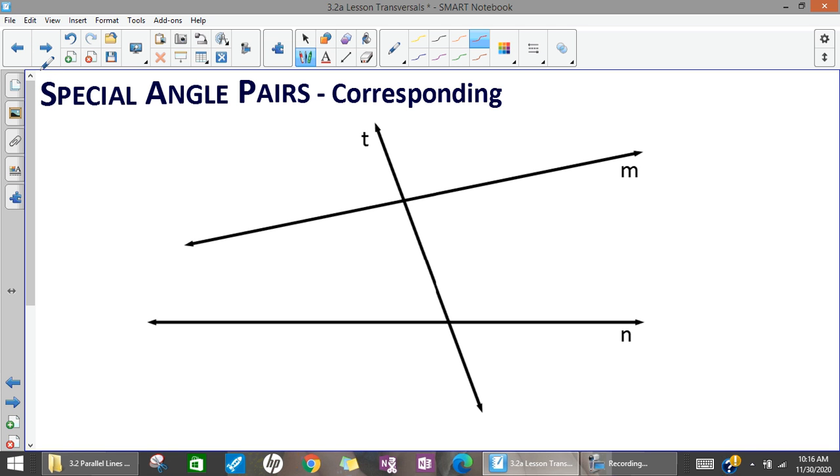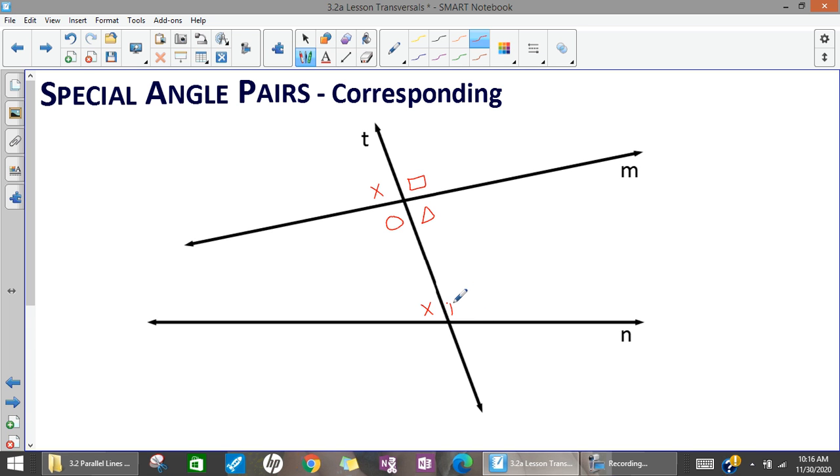And then the last pair are corresponding. In corresponding angles, we're going to have one angle that's exterior and one angle that's interior. So I'm going to go around and I'll do some shapes, maybe sort of like a PlayStation controller. So I have these four angles, and then I have four angles down here. The angles that are in the same spot down here as up here are called corresponding angles. So angle X here corresponds to that angle.